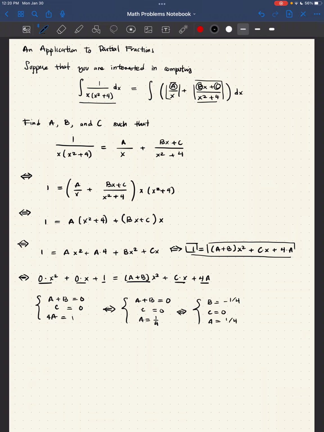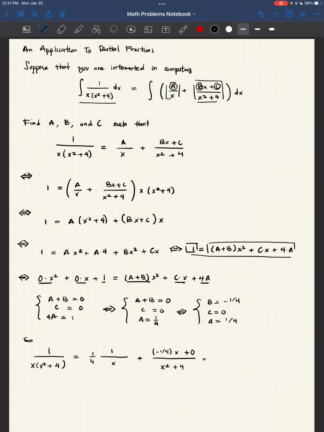So we have 1 over x times x squared plus 4 is nothing else but 1/4 times 1 over x plus, well, negative 1/4 times x plus 0 divided by x squared plus 4.